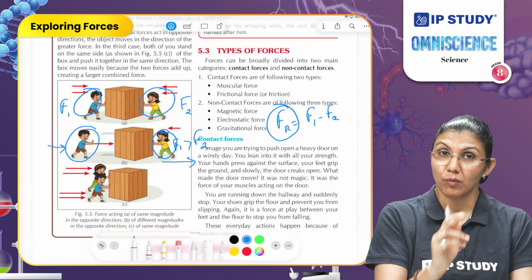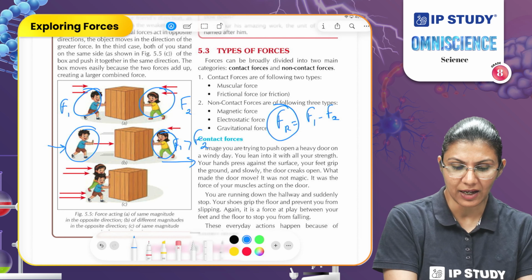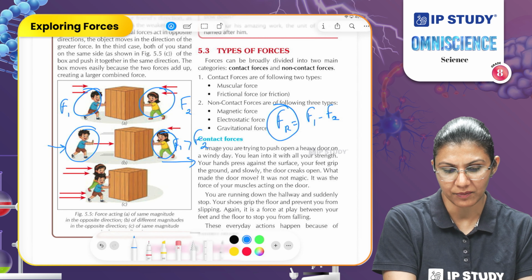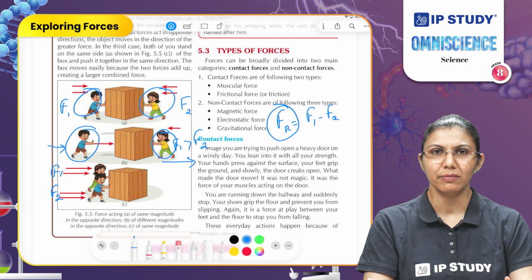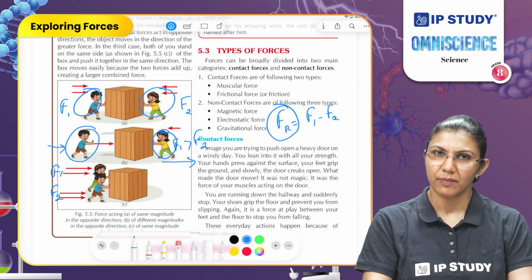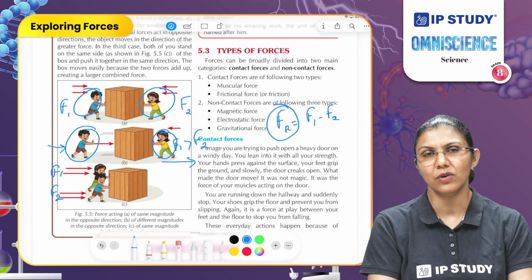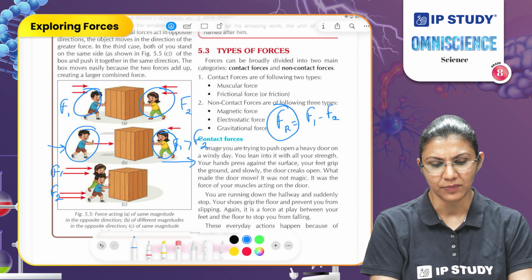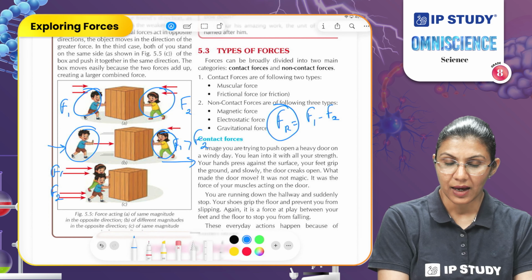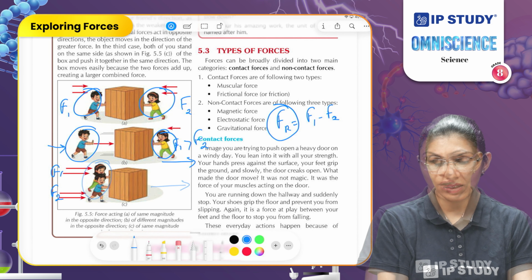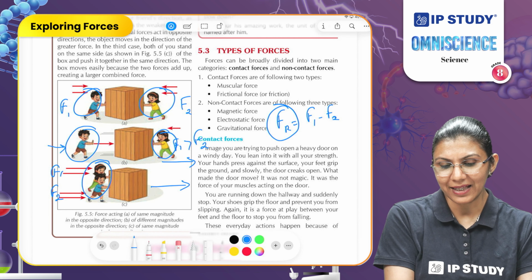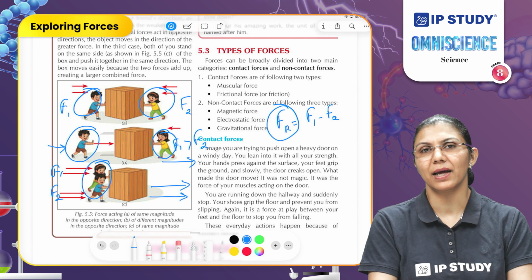If both of them are applying force from the same direction, this is F1, F2 applied from the same direction, it doesn't matter what the magnitude of the force is. Maybe both are applying equal force or different magnitudes of force. In such a case, the net force will be in the direction of the applied force.